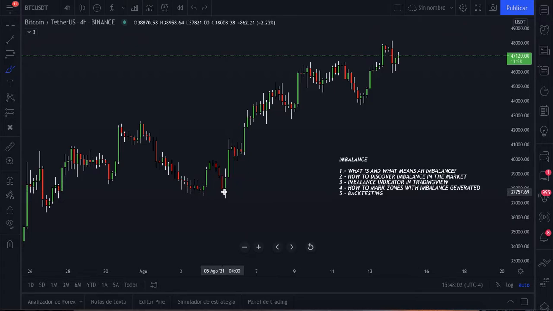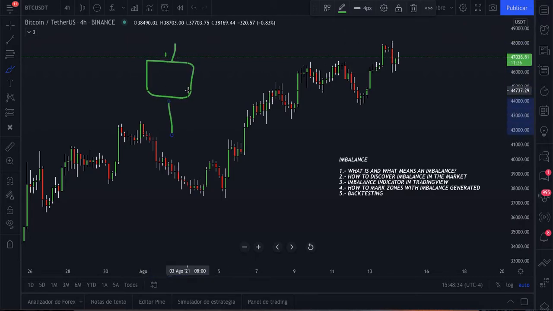So what an imbalance means exactly is basically when the power of buyers or the power of sellers is significantly more compared to the strength of sellers or buyers in a specific moment. So basically, if I have this candlestick, it doesn't matter if it's red or green. Let's say that it's green, for this example.